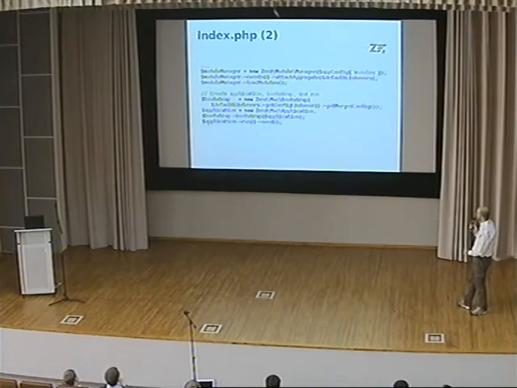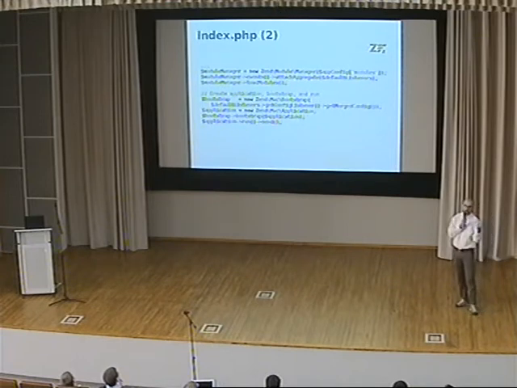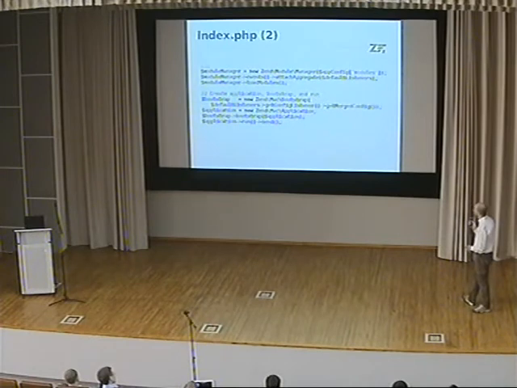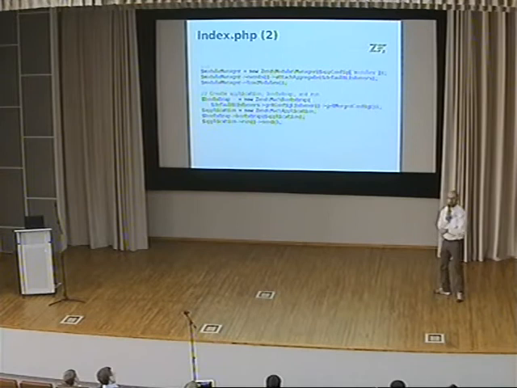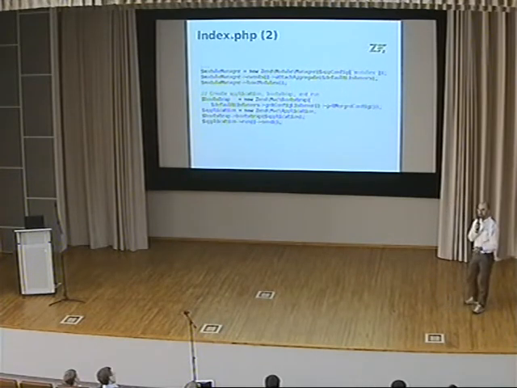At the end of the game, application run. This is actually similar to Zend Application of Zend Framework 1. So you have the slides, so you can see the details after. Now I just want to give you the general idea behind this example.